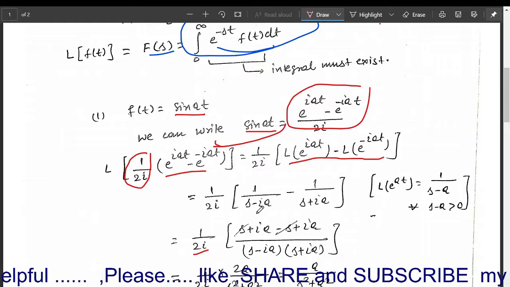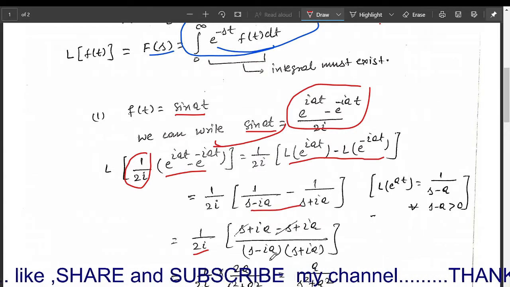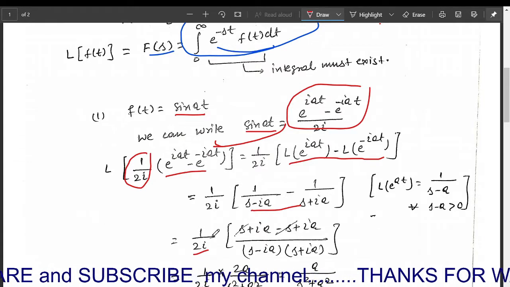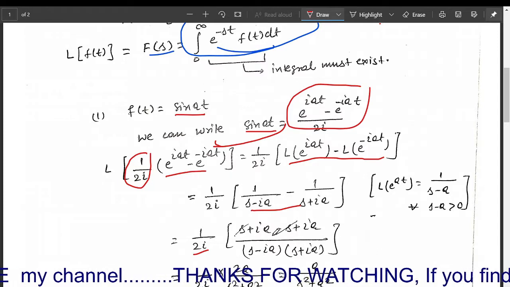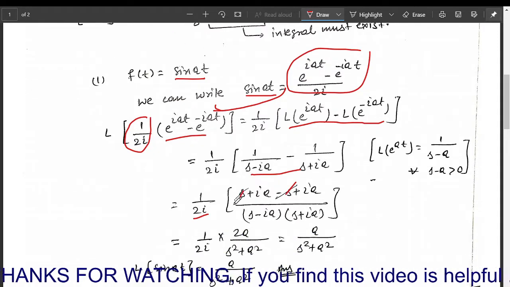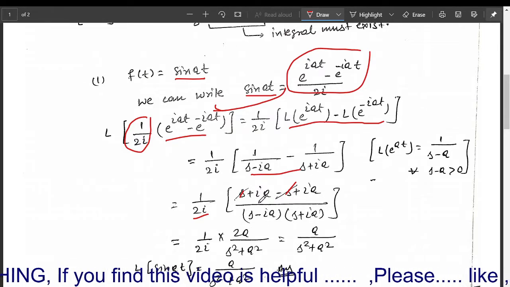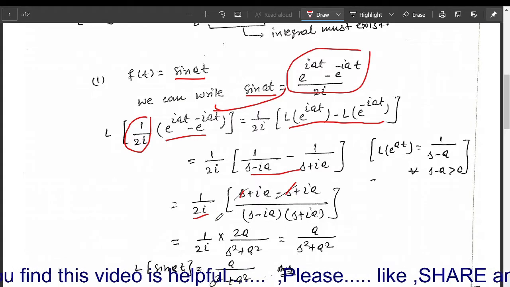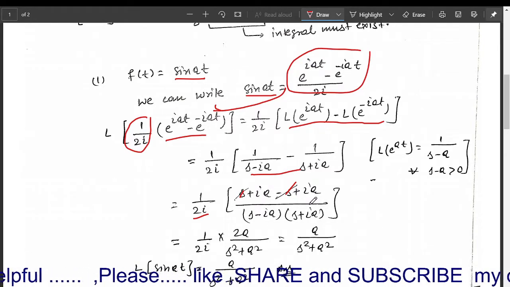We simplify this by taking the LCM of the denominators s minus ia and s plus ia. The s terms cancel out, because it is a positive term and a negative term, and we get 2ia; the 2 cancels out, and the i also cancels.